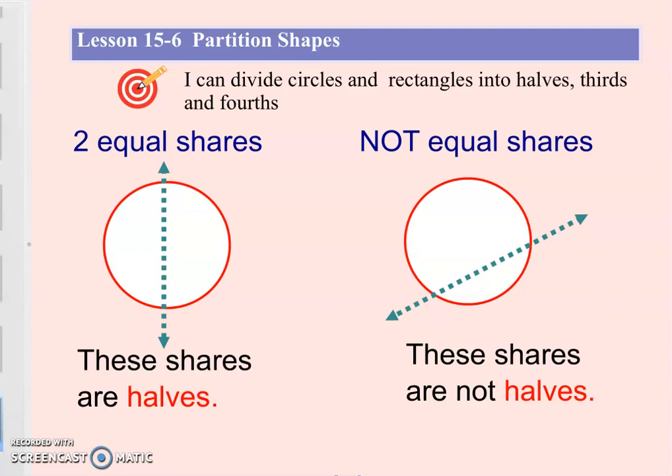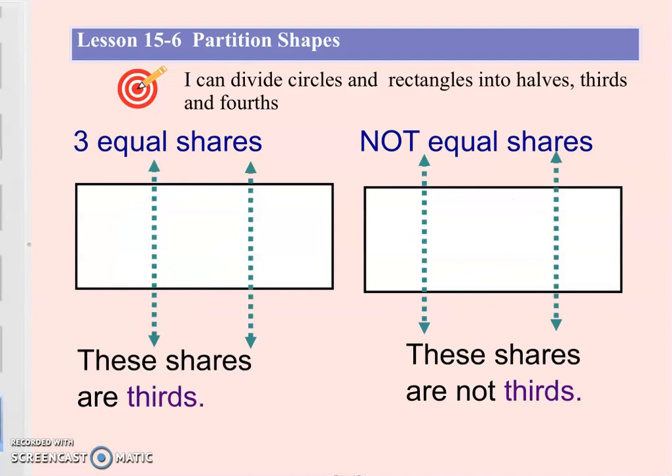It clearly shows that this circle is not divided into equal parts. And so we can say this one is not halves because it's not divided into 2 equal portions. So if you take a good look, you can see clearly which one is divided into 2 equal halves and which one is not. Okay, let's move on to the rest of the lesson.